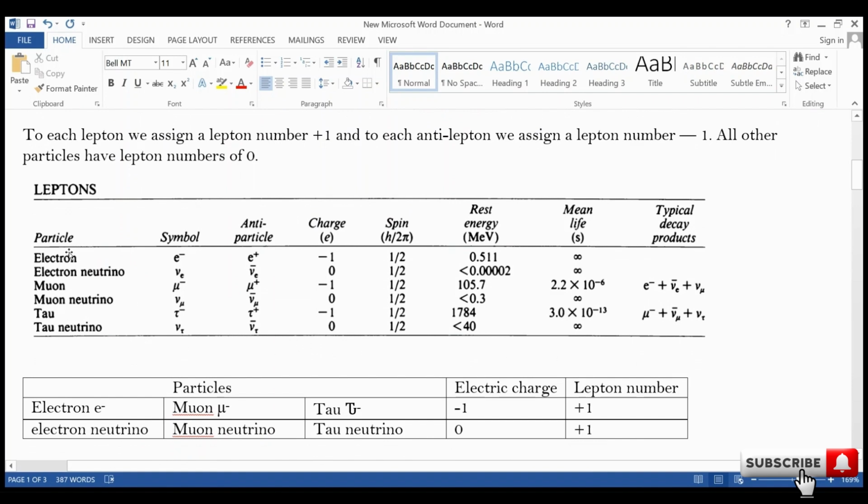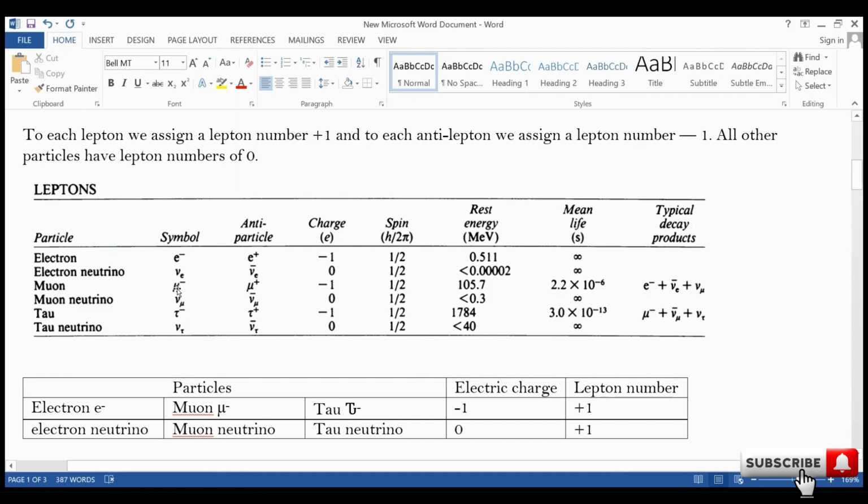It shows the basic 6 leptons: electron, electron neutrino, muon, muon neutrino, tau, and tau neutrino. These all have +1 lepton number, while their antiparticles, that is positron, anti-electron neutrino, anti-muon, anti-muon neutrino, anti-tau, and anti-tau neutrino, have a lepton number of -1.